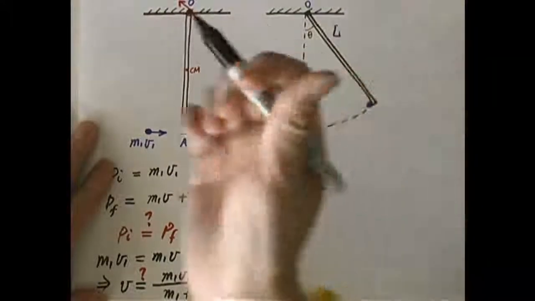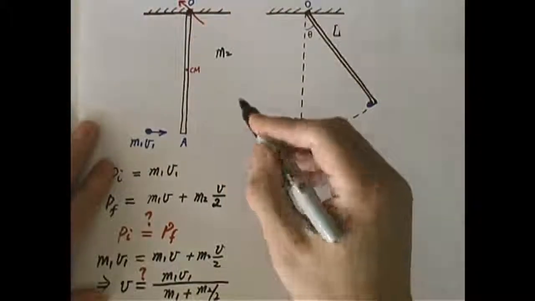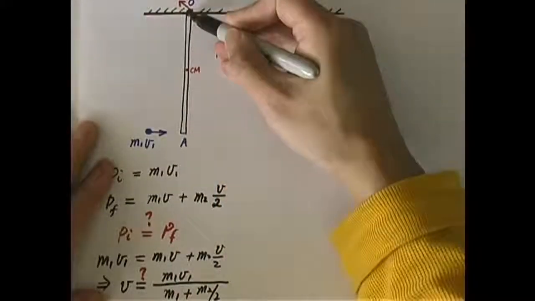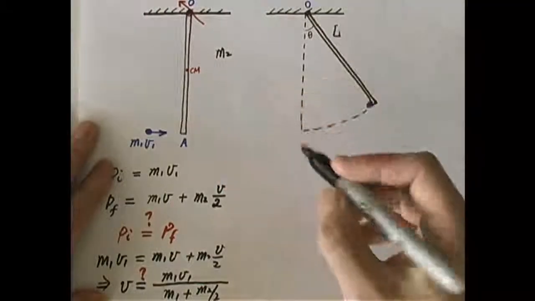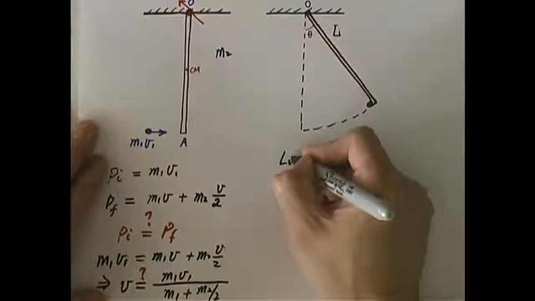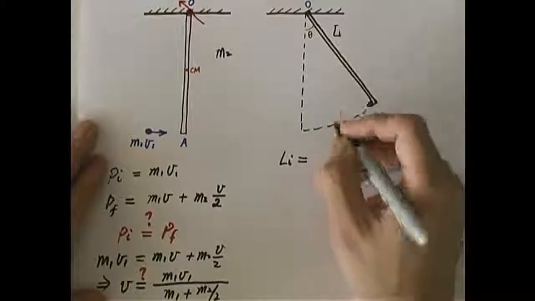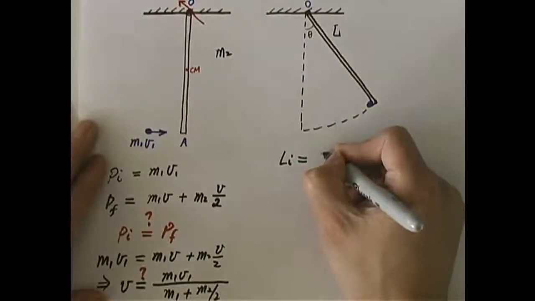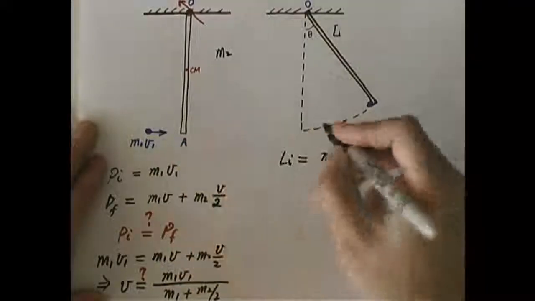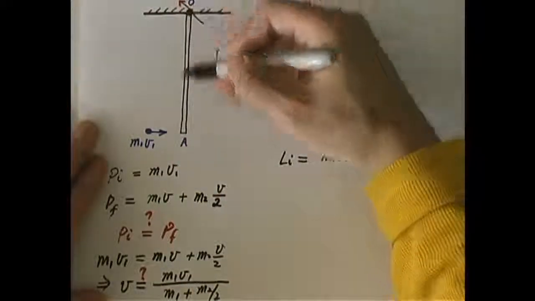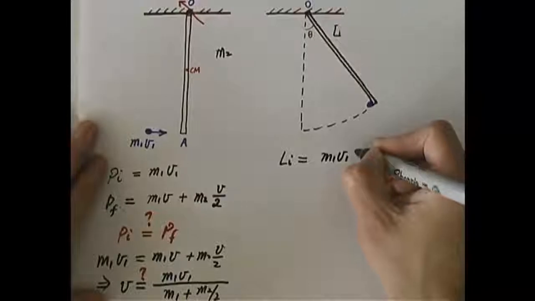So r cross p is a vector sticking out of the paper, and the magnitude is this r times this p times the sine of the angle between them, which is 90 degrees. So L initial is simply equal to m1 v1, that's p initial for the point mass, times the distance between here and there, that's l.